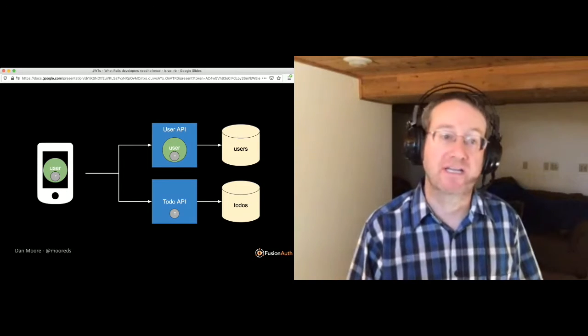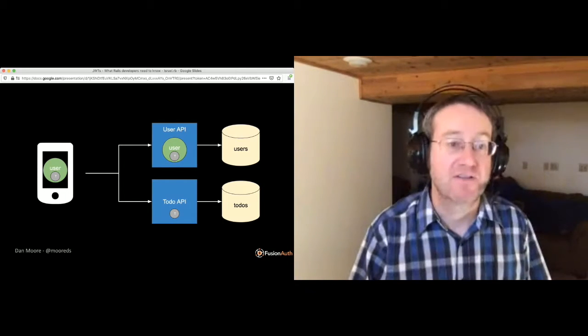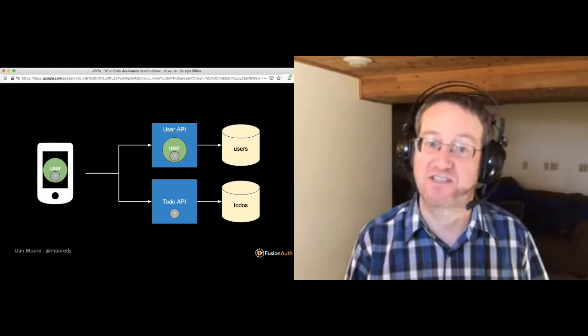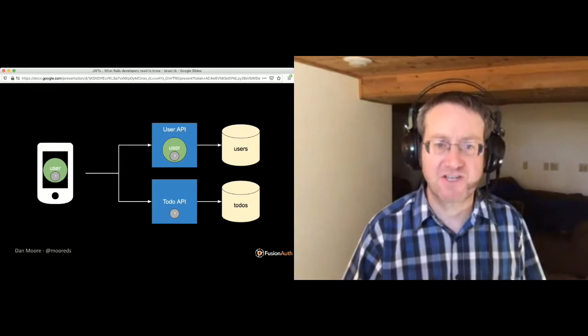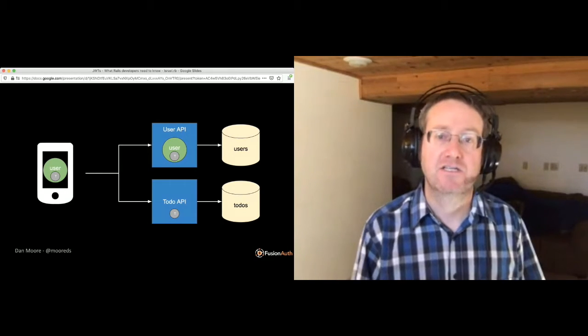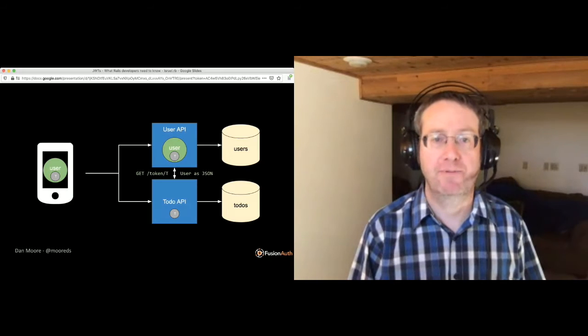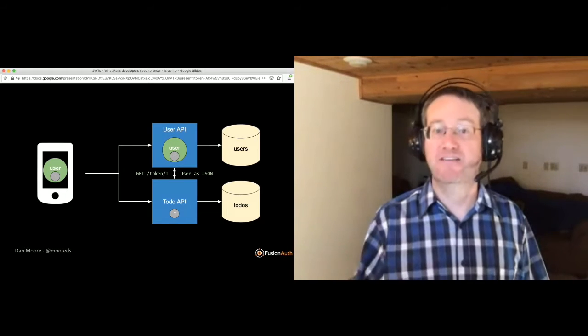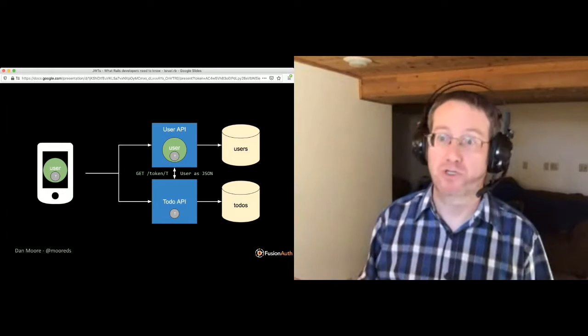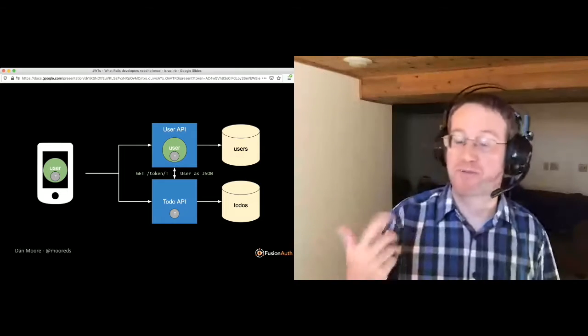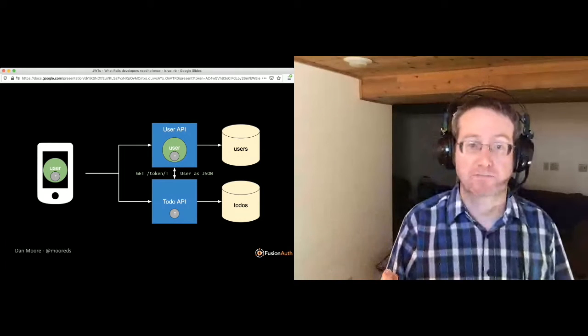So the token gets passed to the client, which stores that token off and then presents it to the to-do API. The to-do API then talks to the user API and says, hey, give me this user that is represented by this token.